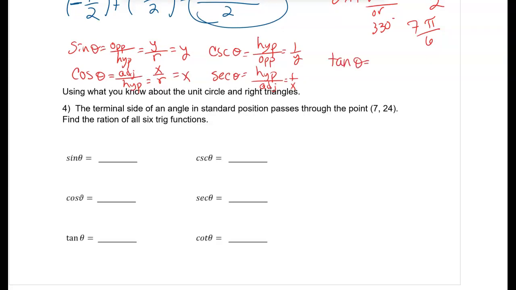So tangent theta, we know that's opposite over adjacent. And we know that's also sine over cosine, or aka y over x. All of those are ways of figuring out tangent, which means cotangent's just the reciprocal of all of those.